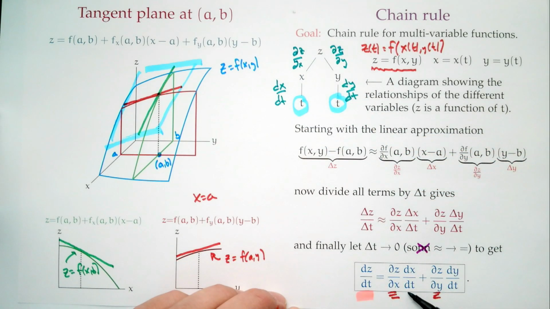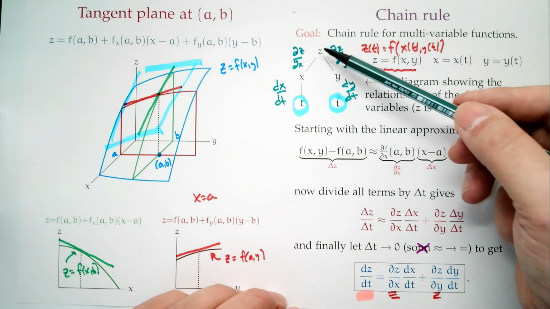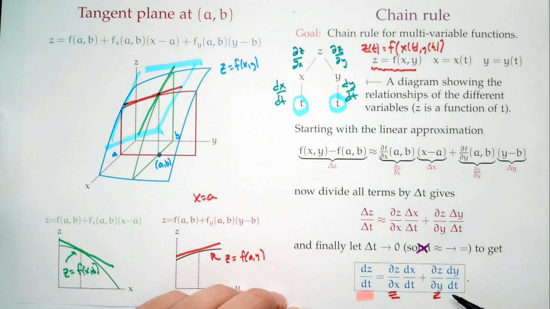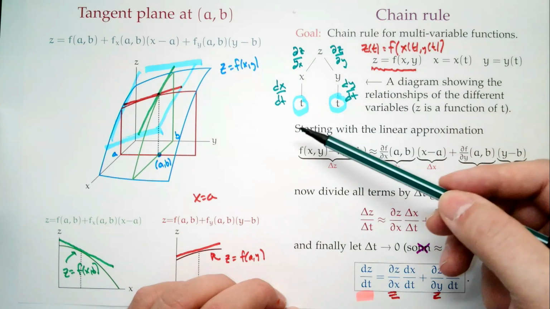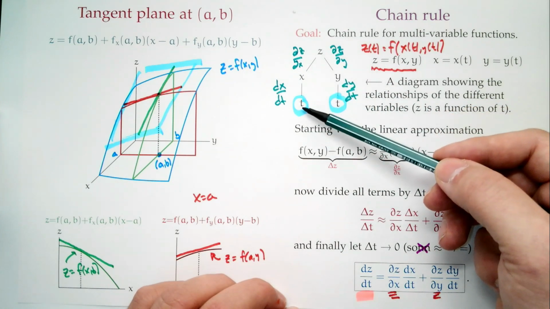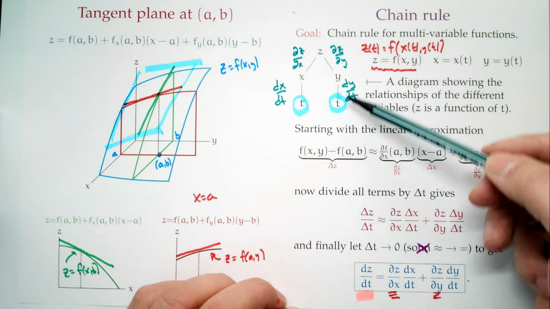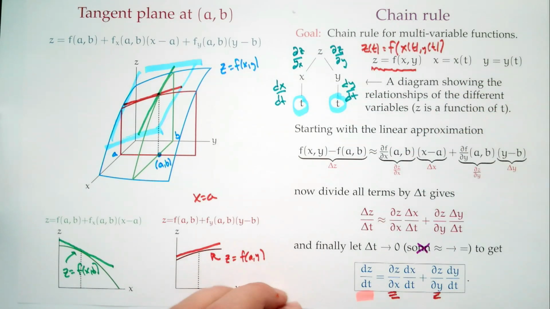That's my first term. And then partial z, partial y, dy dt. That's my second term. And I'll add them all together. Essentially, I want to understand how t affects z through x, and how t affects z through y. I add the two results together, and that's what we get.